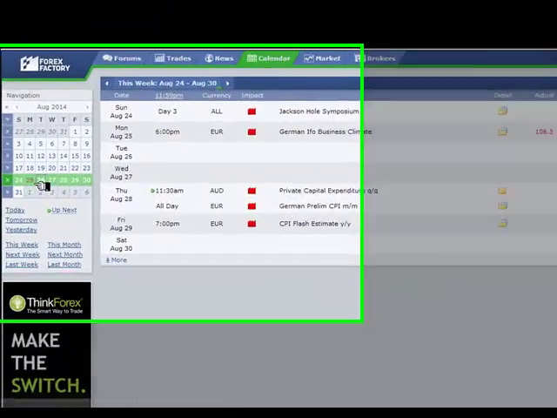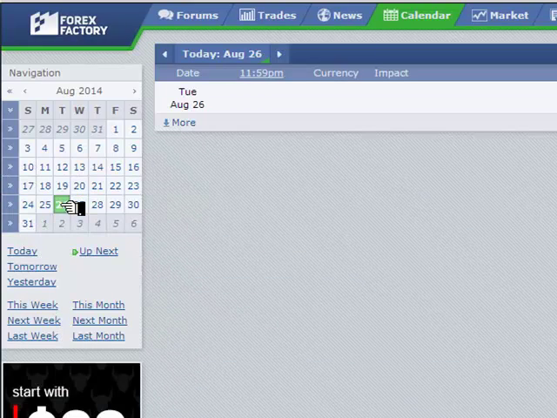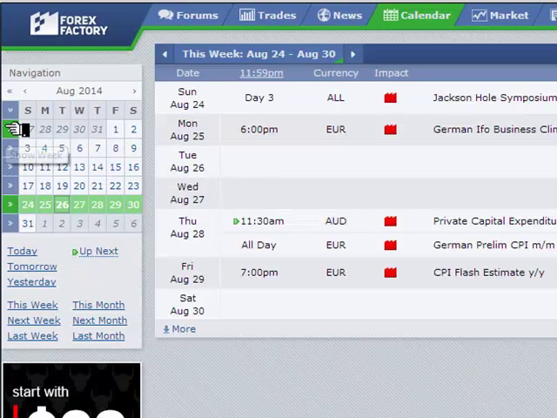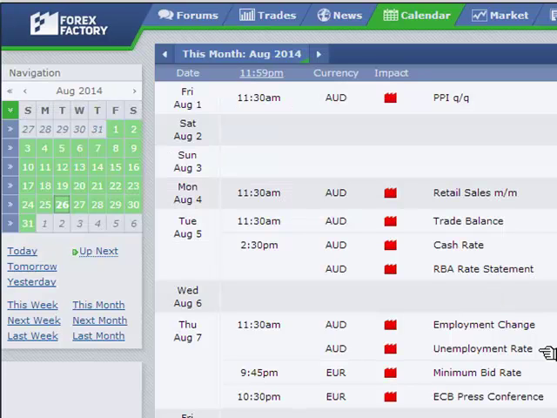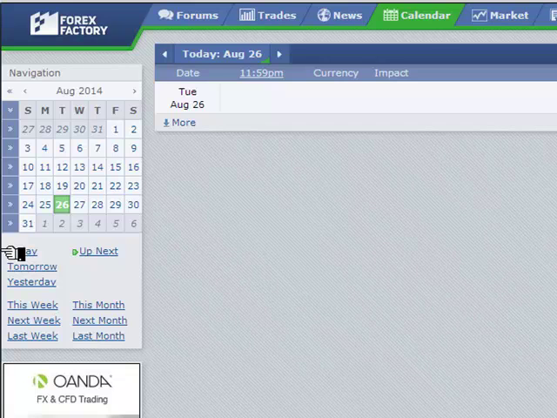Now here you can display a specific day, so the current trading day, the current trading week, or if you like, you can look at the news in advance for the whole month. You can also use any of these links to take you back to where you were or project into the future.